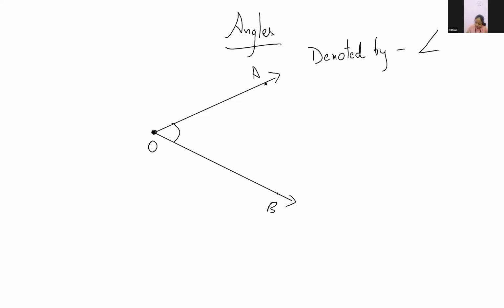This point O is known as the vertex. To name the angle, we also take the names of the rays, like AOB.